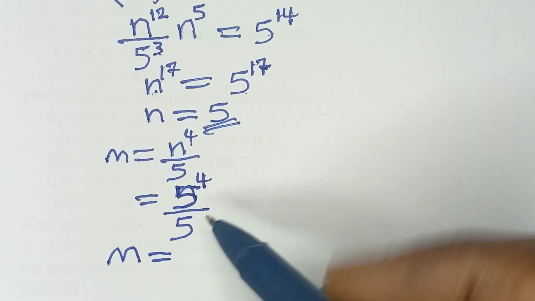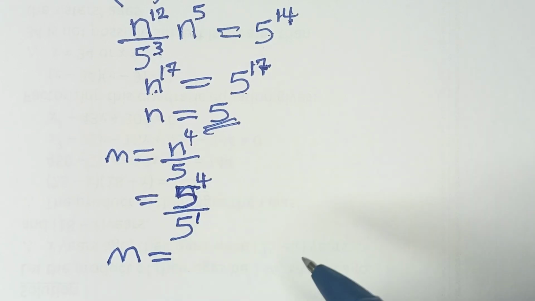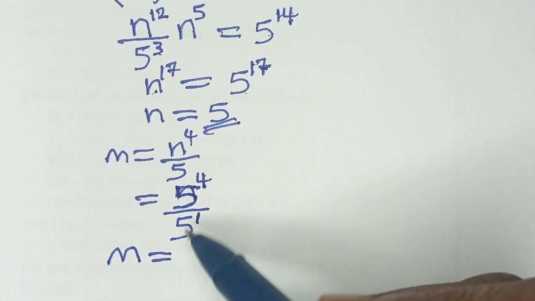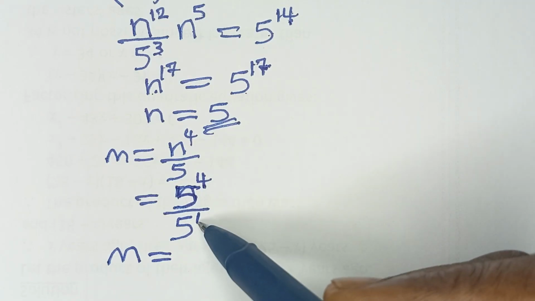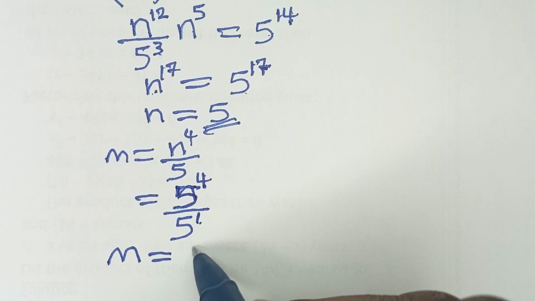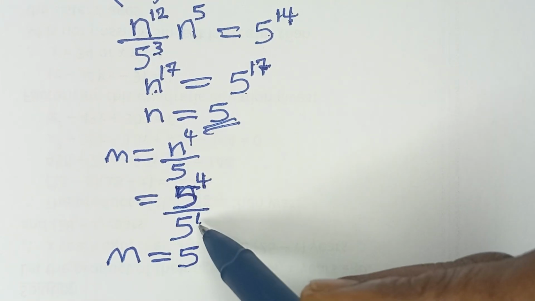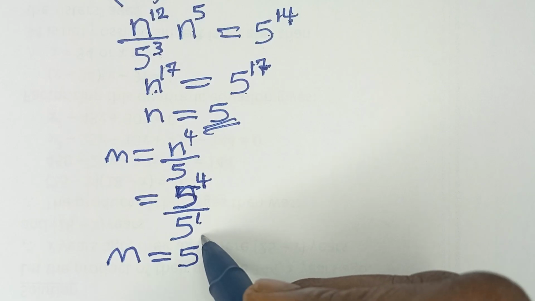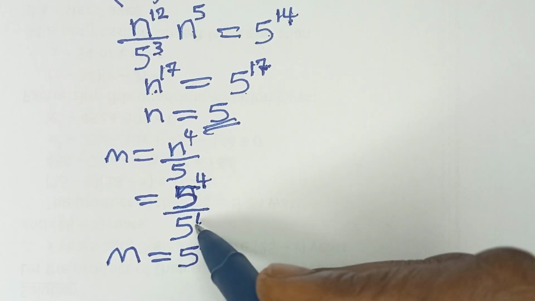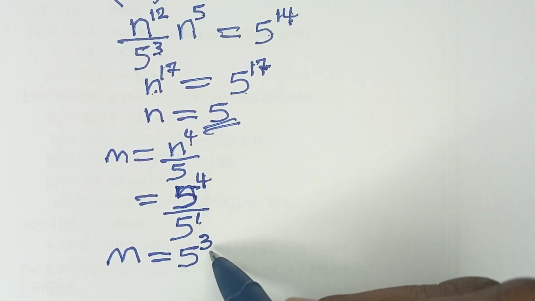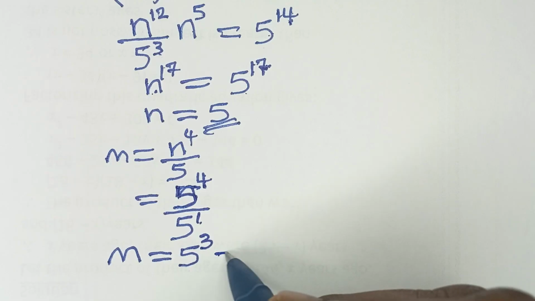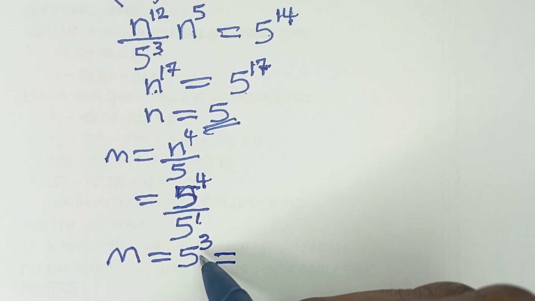What you just need to do is to subtract the power. This is like 5 raised to power 1. In indices, when you have the same bases dividing each other, you subtract their powers. So it's going to be 5 raised to the power of 4 minus 1, which is 3. So m is equal to 5 raised to power 3.